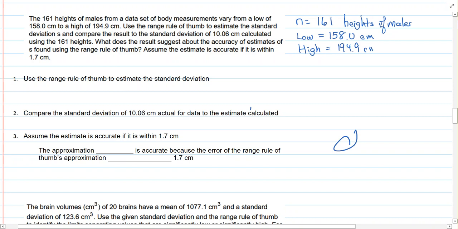Use the range rule of thumb to estimate the standard deviation S. So we're looking for S of a sample, and compare the results to the standard deviation of this data.